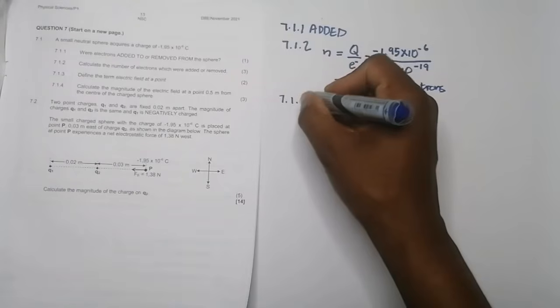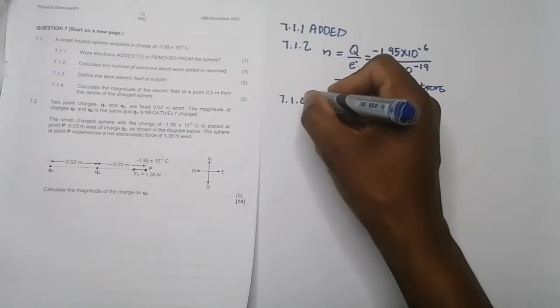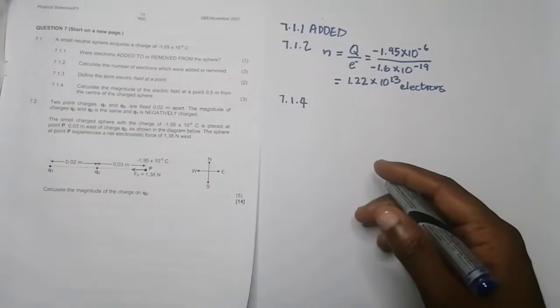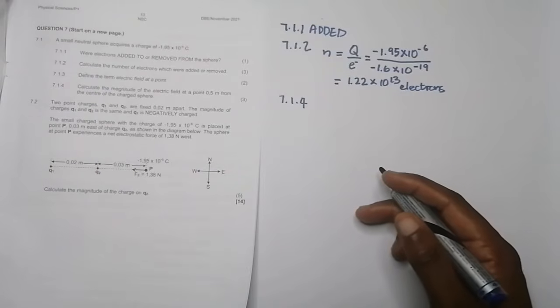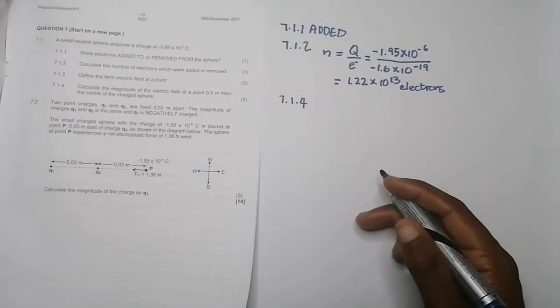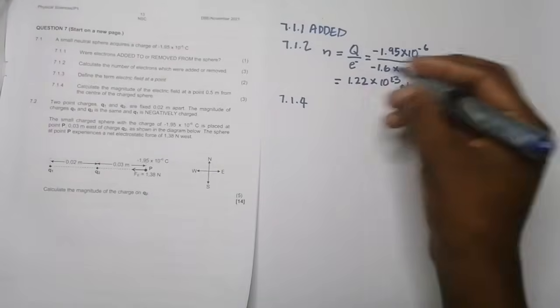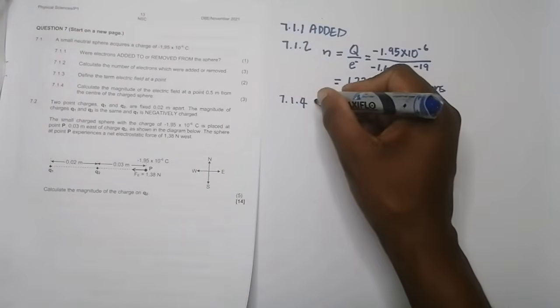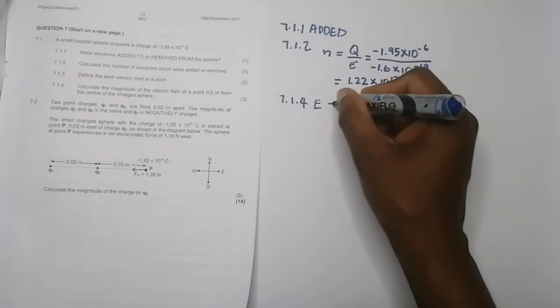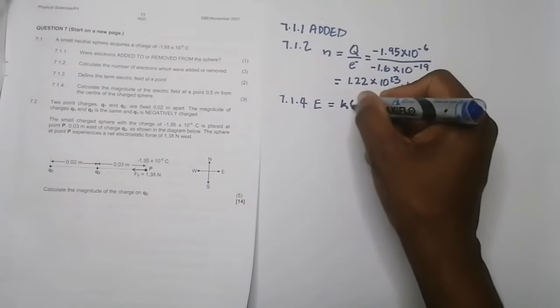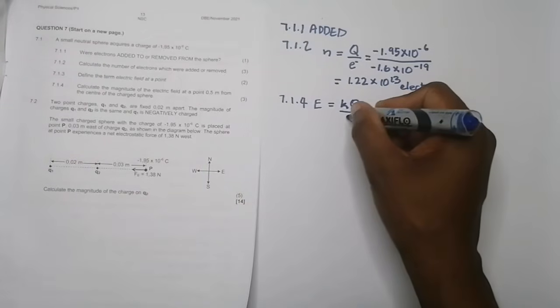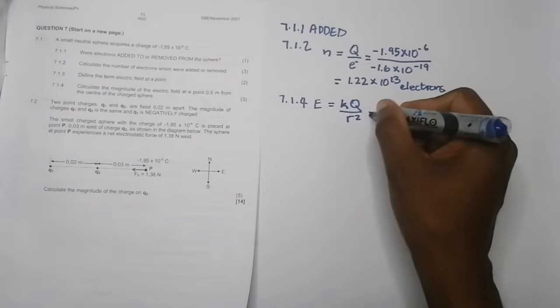So let's go to 7.1.4. They say calculate the magnitude of the electric field at a point 0.5 meters away from the center of the charged sphere. So remember how we simply calculate electric field. We say E is equal to K multiplied by the charge divided by r squared.